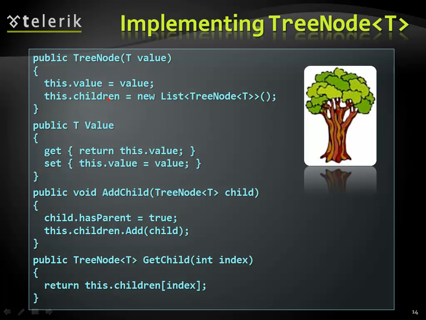And the children is just a new list, or null if we don't have any children. When you want to add a child, what do you do? Well, if it has a parent, for example, you can store if a tree has a parent. You can add it in the children. Why do you need to store the parent, actually? Not very sure. Whatever.